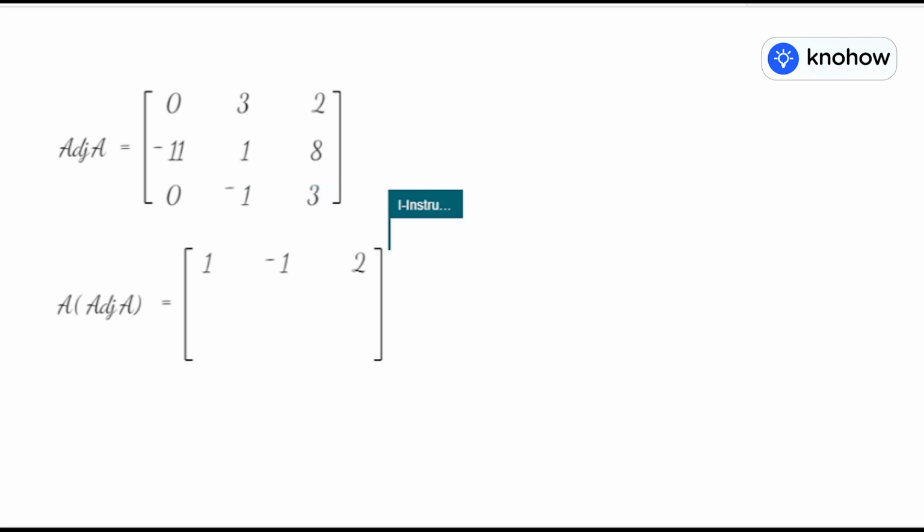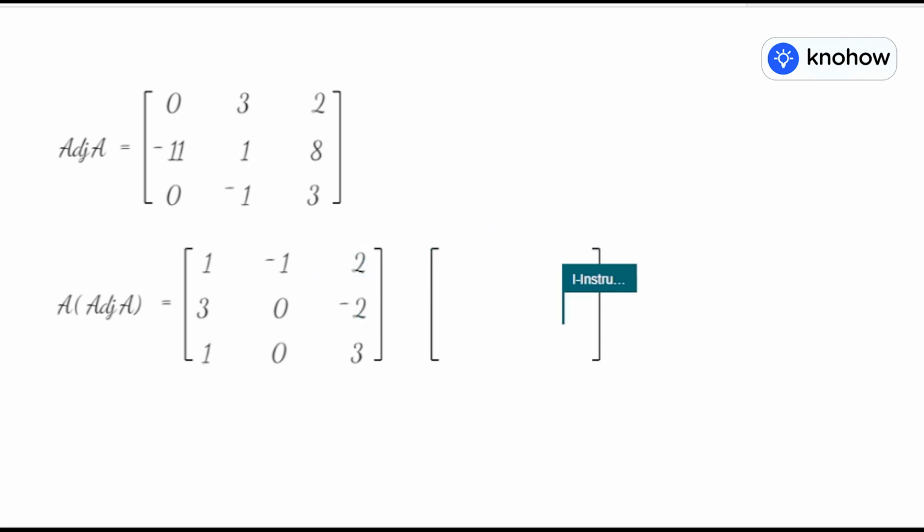This is A. We have already worked out adjoint A. Adjoint A we worked out to be, say 0, 3, 2 and negative 11, 1, 8 and 0, negative 1, 3.